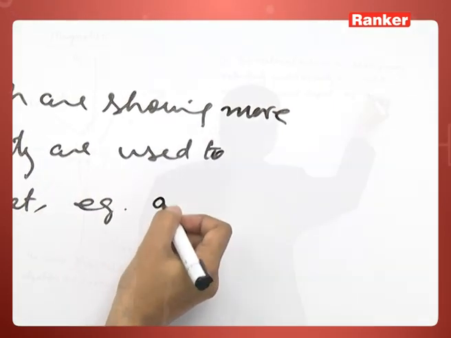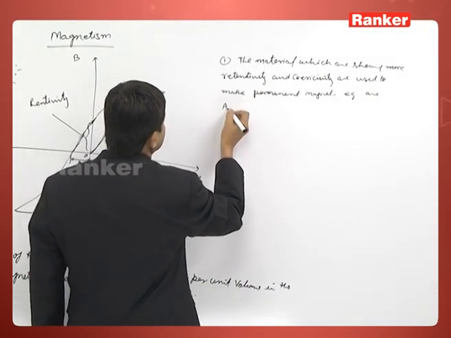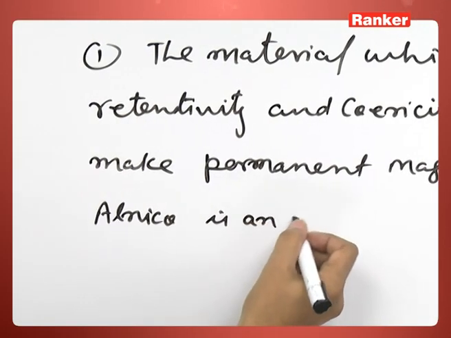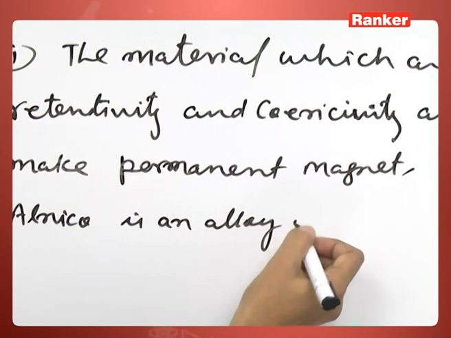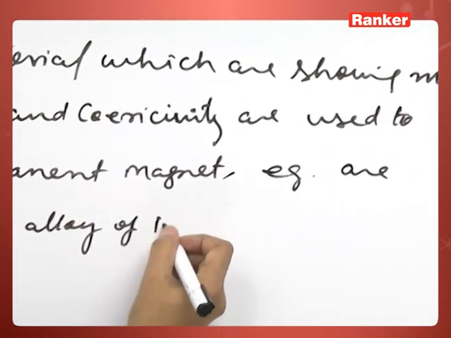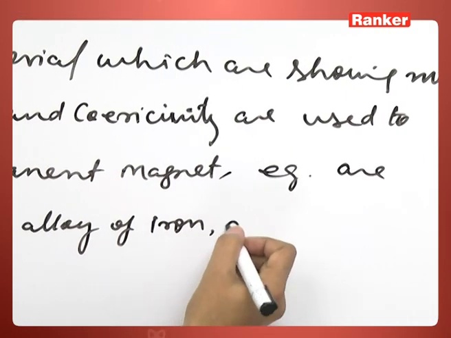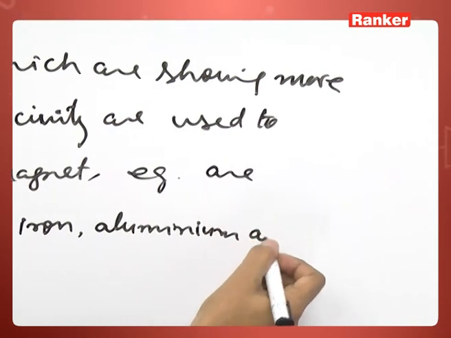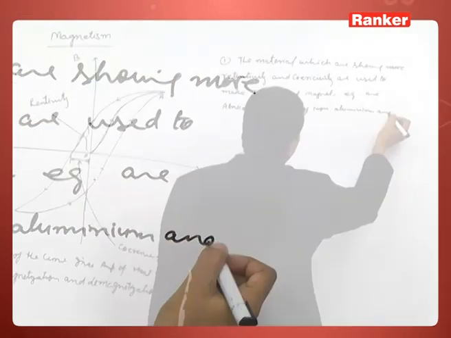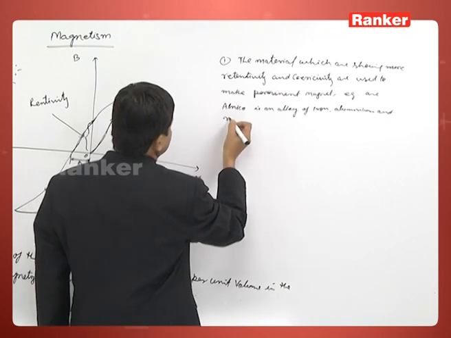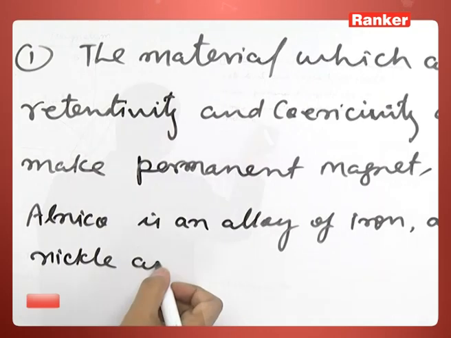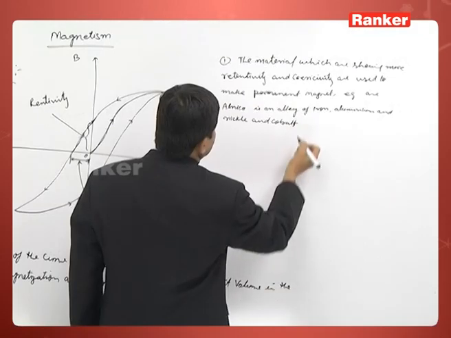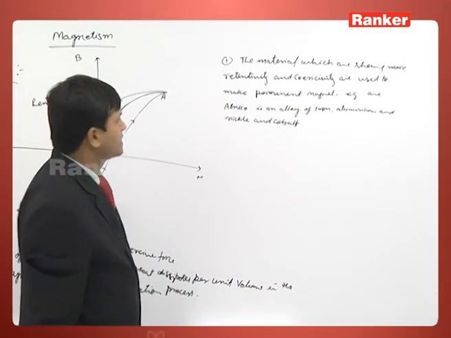Examples are alnico. Alnico is an alloy of iron, aluminium, nickel and cobalt. This is used to make a permanent magnet.